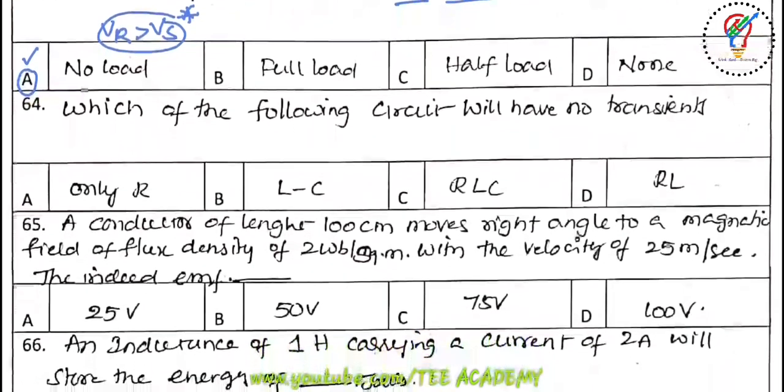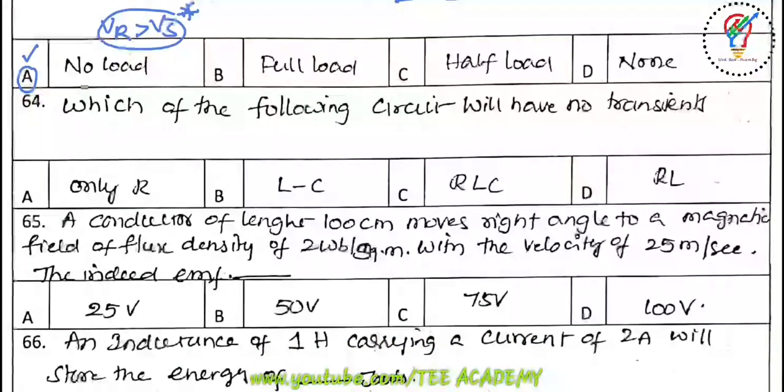Next one, which of the following circuits will have no transients? Transients occur in a circuit when we have energy storage components such as inductance or capacitance, or a combination of both with the element R. If you combine RL, we have transients, RC transients, LC transients, RLC transients, everything.